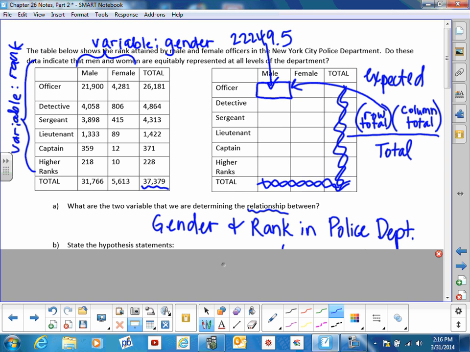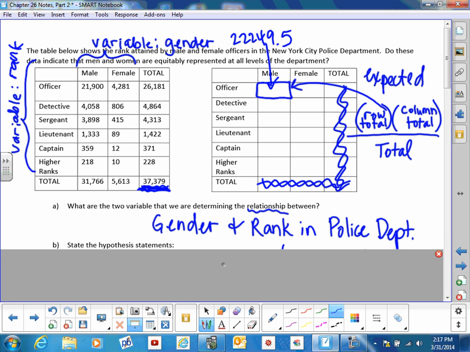Or do you think you might generalize to a broader group than that? I think because, to me, this almost sounds like the whole population of the New York City Police Department. I mean, so I'm pretty sure I'm not going to be inferring to the population if I have the population.